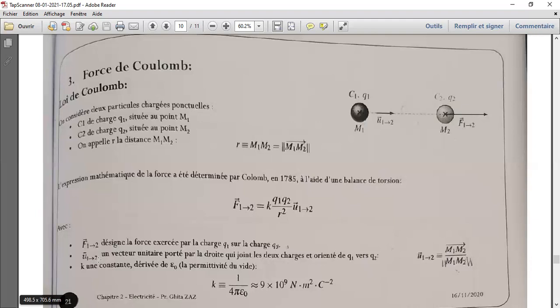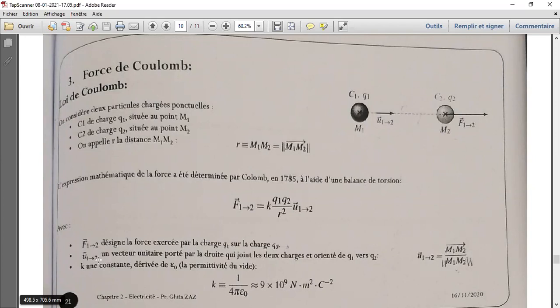The force is exerted from Q1 to Q2. So this is just a vector which shows you where your force is being exerted.